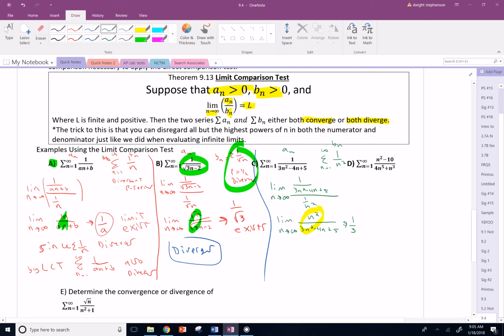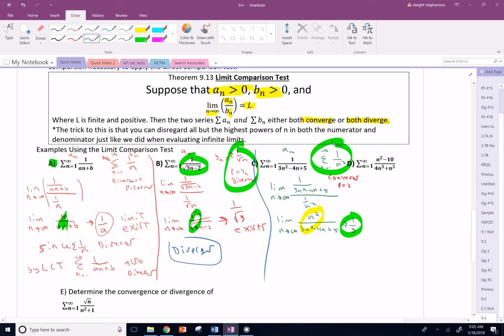Which means that the limit comparison test works. We should have talked about this before, I guess, but does 1 over n squared converge or diverge? It converges, right? It's a p-series, p equals 2, which is greater than 1. So since this one converges and the limit comparison test worked, we got an answer, the limit exists.